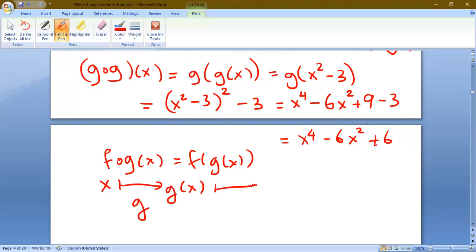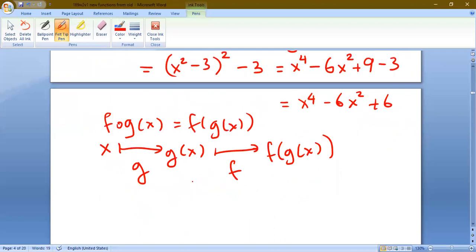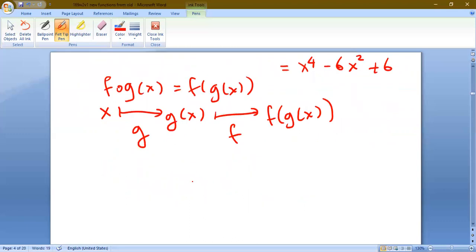And then we will apply f to this, and it will be f of g of x. Okay, so watch the order. After the input x, there is g, and then f. So we first apply g and then apply f, and we get f of g of x.